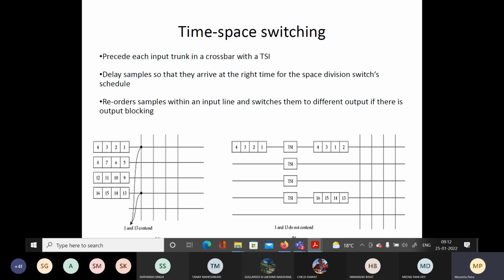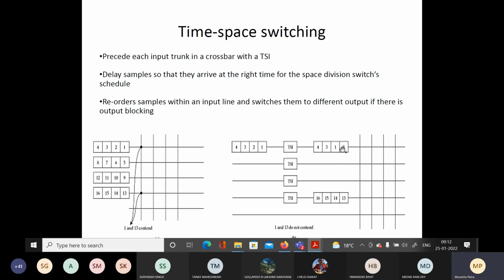How can we do that? We can just move the samples within the frame with the help of a TSI. That's what is happening here. We are putting a TSI just after the input is arriving, and with this TSI we are simply rearranging the frame.